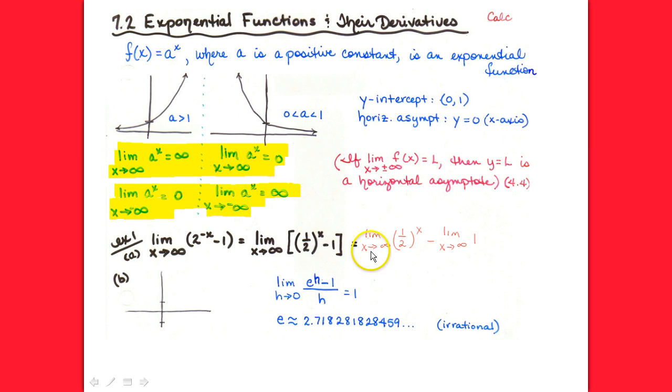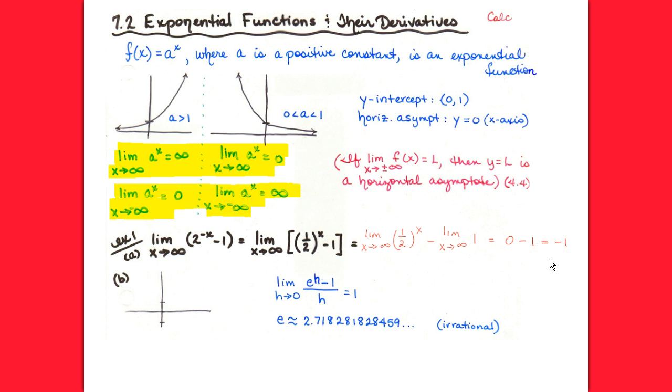If I'm taking the limit as x approaches infinity on that decreasing pattern, notice that our limit is 0. So by those limit laws, I know that first limit is 0. And then, of course, the limit of a constant is always that constant. And so I could say 0 minus 1 is -1.